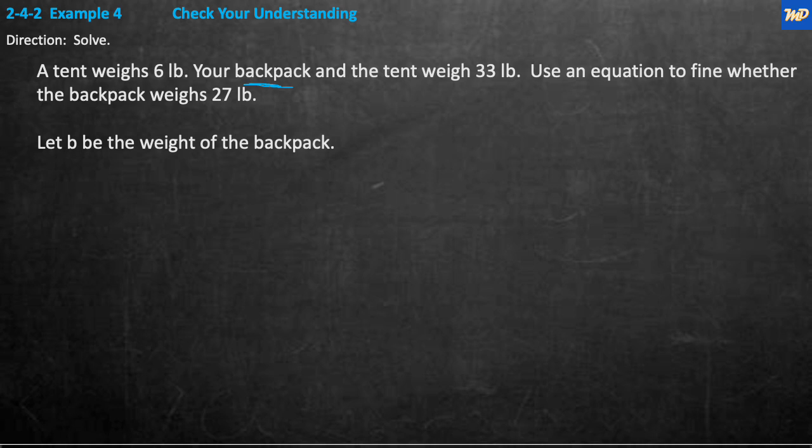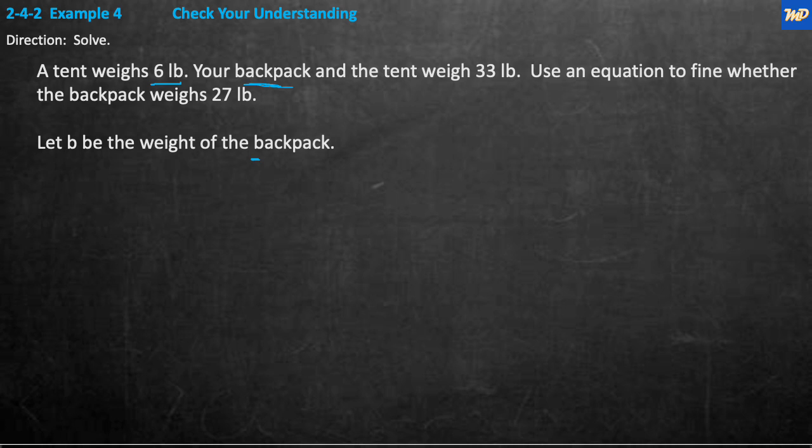Okay, now that you're back, let's start off by saying, let B be the weight of the backpack, because the backpack starts with a B here. So what's our equation? We know the weight of the tent is 6 pounds, and your backpack and the tent weigh 33 pounds.